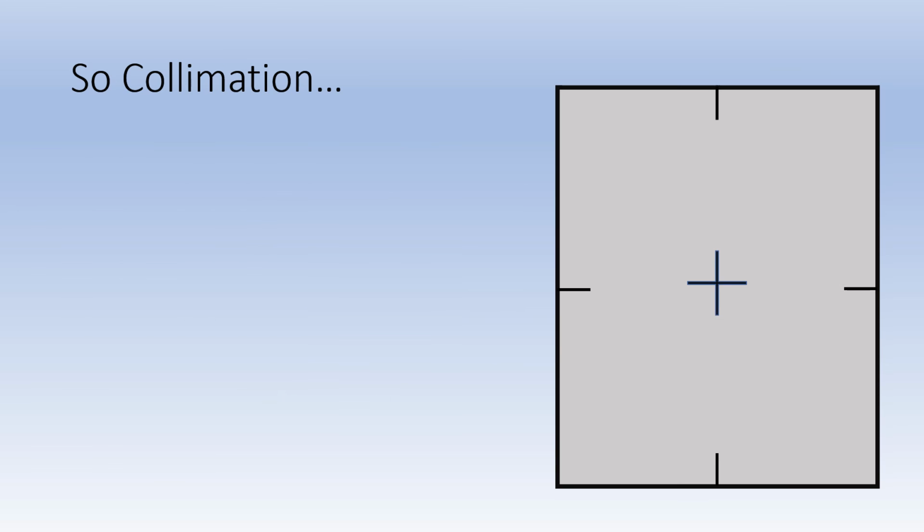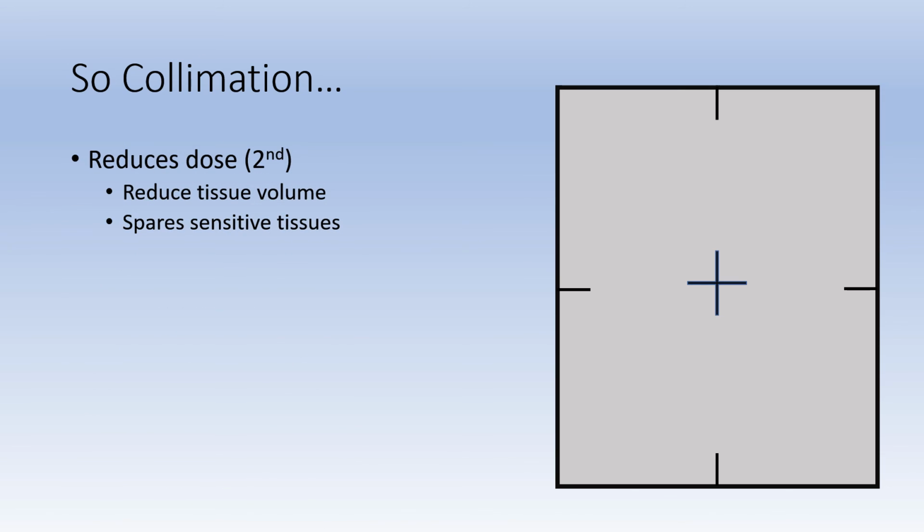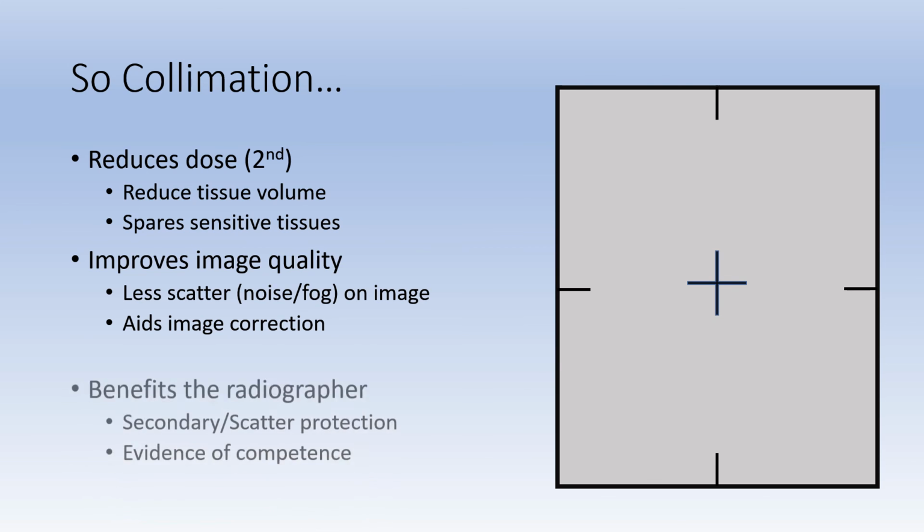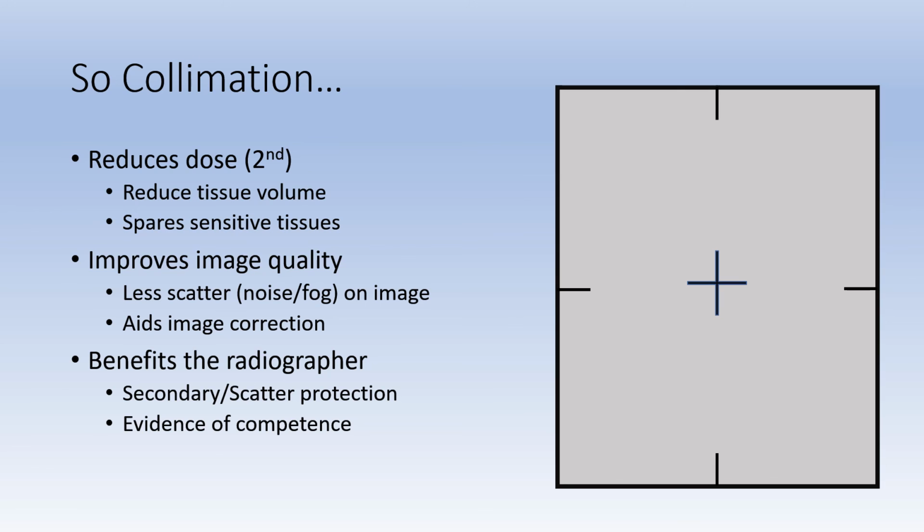So, collimation is the second most important means of dose reduction for your patients. Collimation subtly improves the quality of your images. You may not be able to see the improvement on your monitors, but the radiologists can. Anyone in the room during an exposure, let's say you during a portable exam, receives a dose reduction from the use of collimation. The accurate use of a collimator is a tangible proof of your competence as a radiographer.